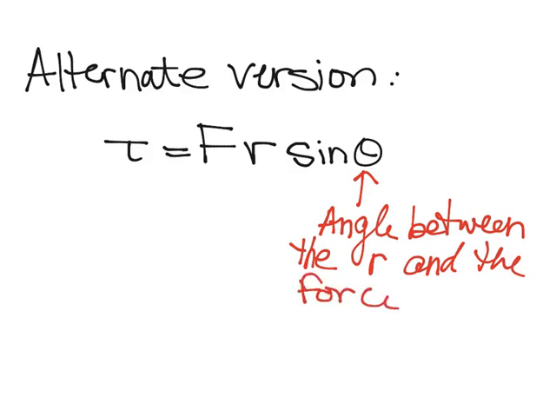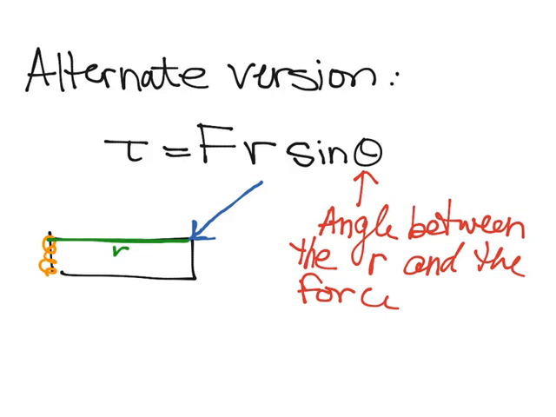Okay, so I'm going to draw you an example of that again with our door. Here, if I applied a force at the edge right here, my R would be this distance right here.